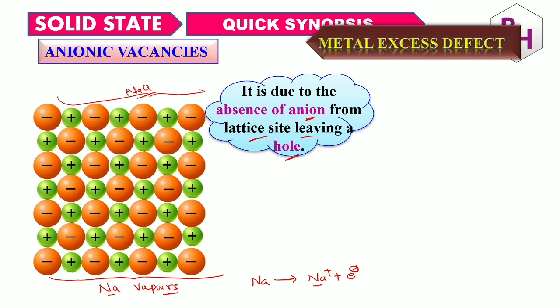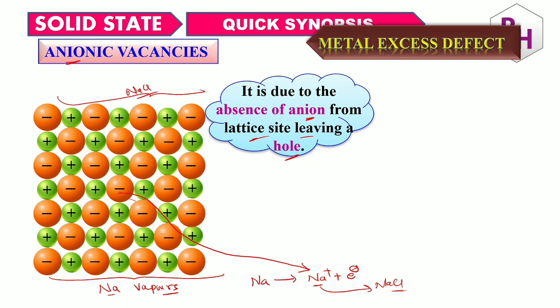Already one Cl- is there, right? This Cl- will be taken by Na+ to form NaCl. Now this Cl- itself is removed, but the place becomes vacant. This is the anionic vacancy. The anion will get vacant, hence it is an anion vacancy.